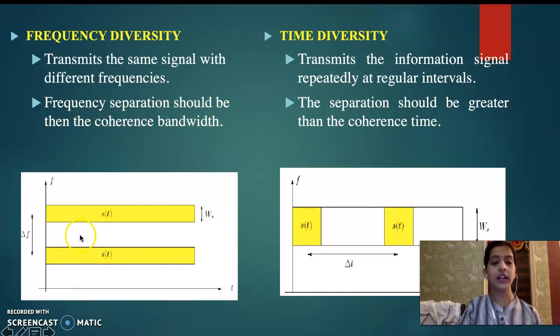Here we can see that frequency slots are divided with different frequency slots. And in time diversity, it transmits the information signal repeatedly at regular intervals. The separation should be greater than coherence time.